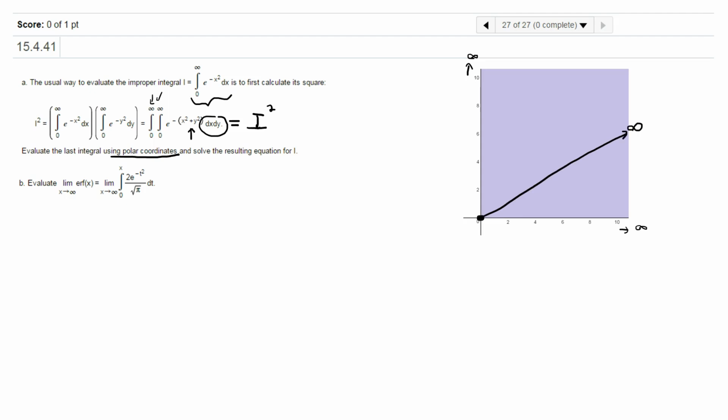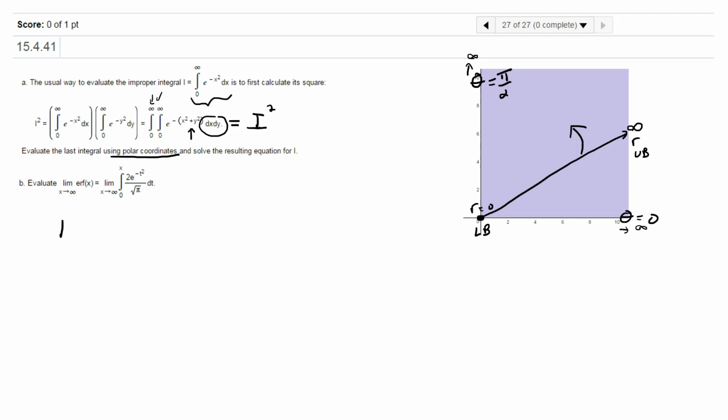The upper bound on R will be infinity, and the lower bound on R will be 0. What about theta? This gets swung in the direction of increasing theta, and so we go with theta equals 0 up to theta equals pi over 2.